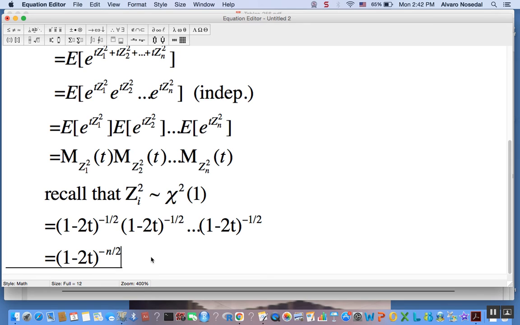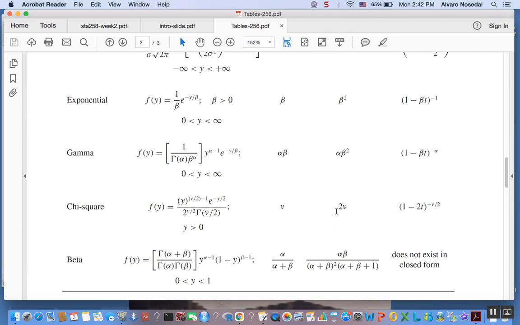Now, if we go back to that table of ours, we will realize that, guess what? That's the MGF of a chi-square with n degrees of freedom.